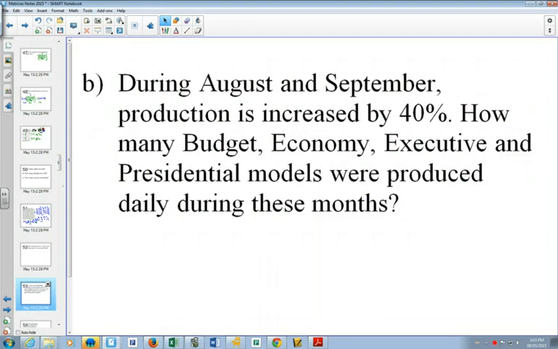During August and September, production is increased by 40%. How could we write this as a matrix?